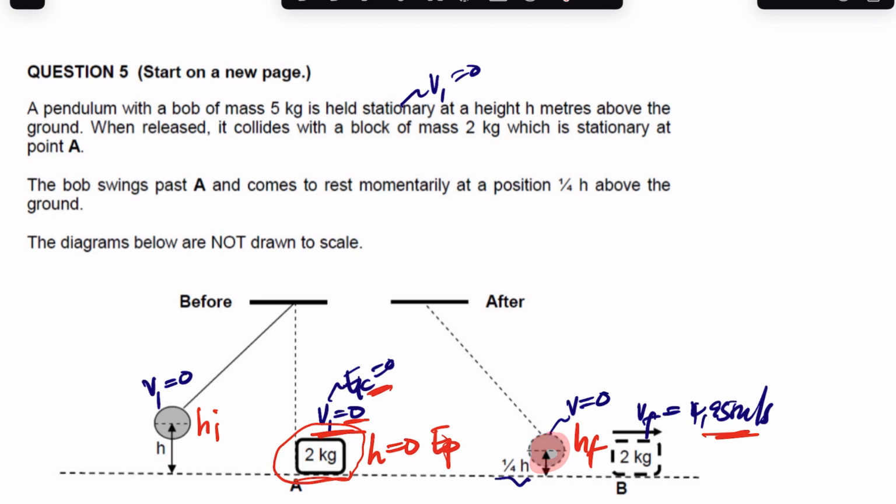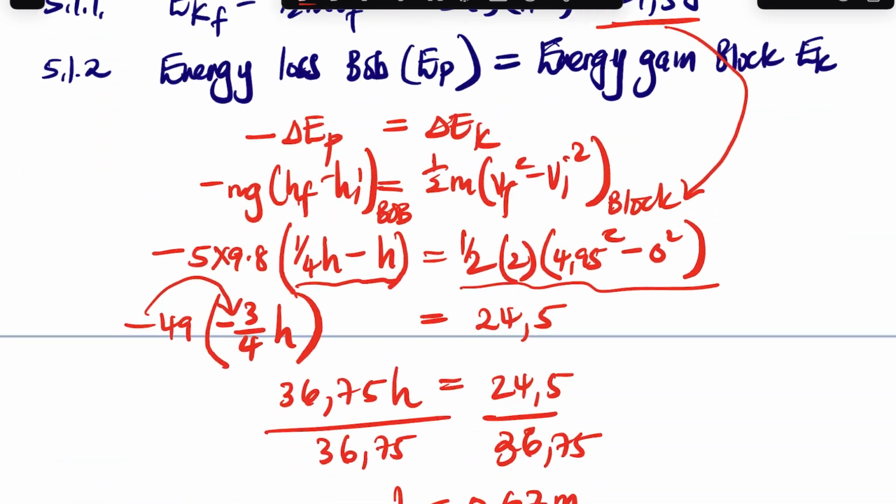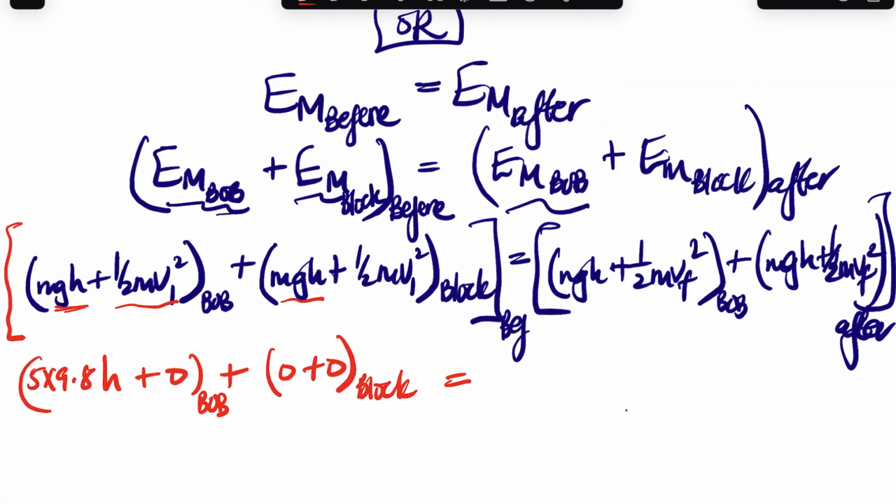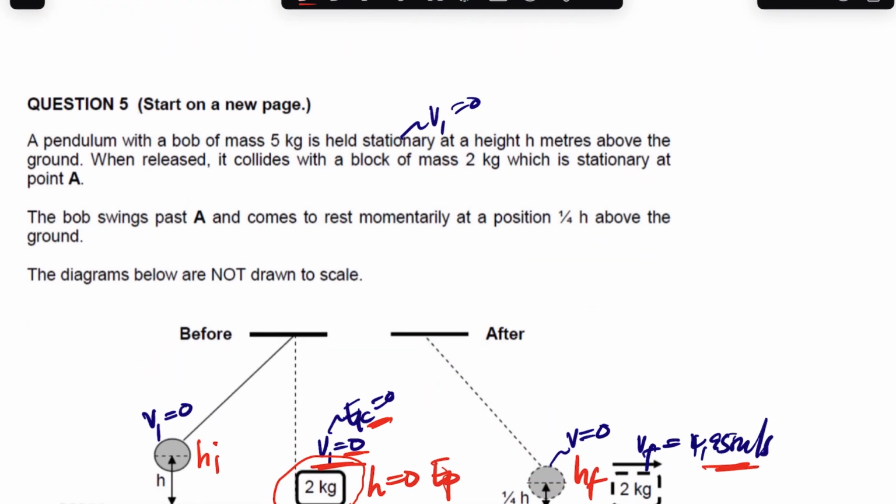So we were told that the bob, when it's here, momentarily came to rest. So the velocity there is 0, and the height is a quarter. It's at a quarter height, right?